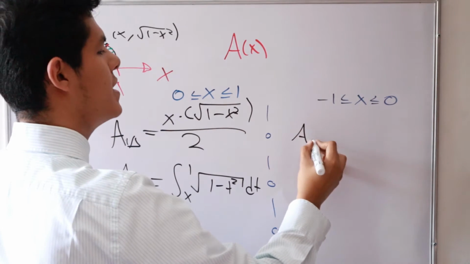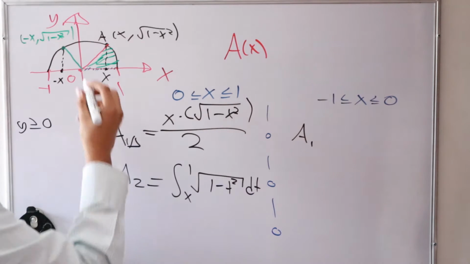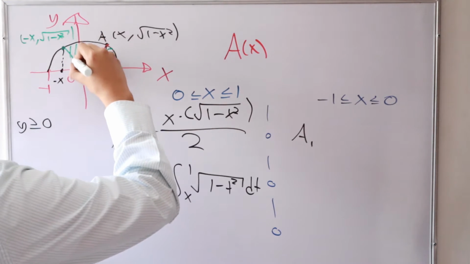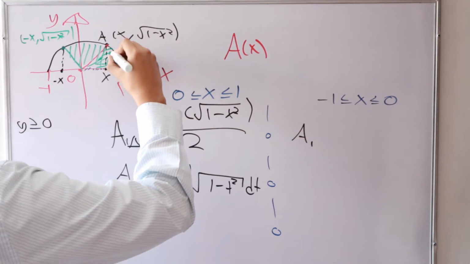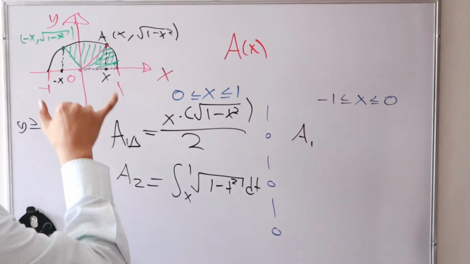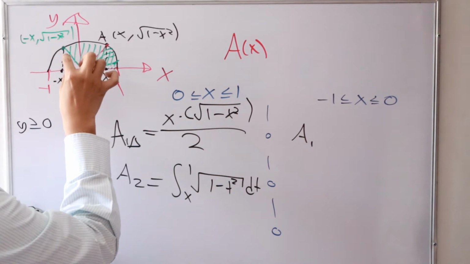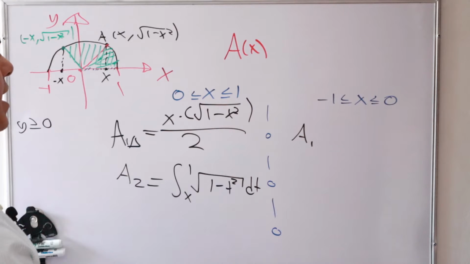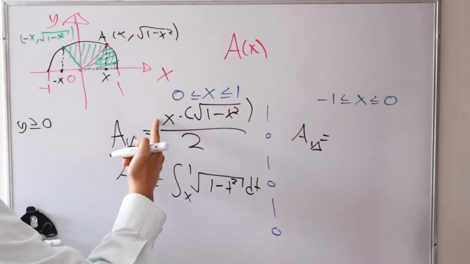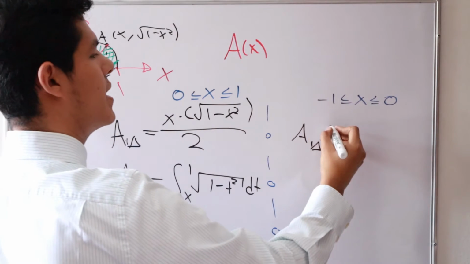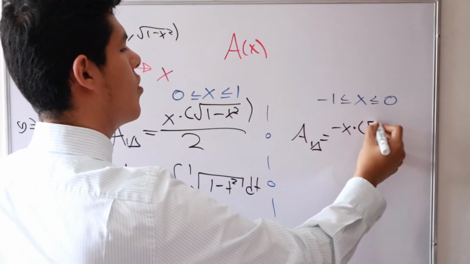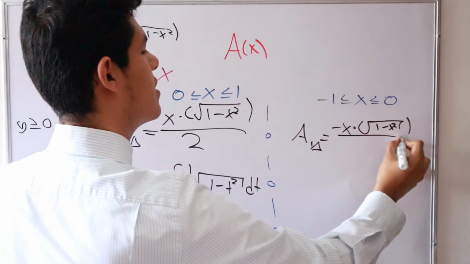The area that I want to find is this area, so we need to find this area and subtract this. The area of this triangle would be negative because x is now negative, so it is minus x times the square root of 1 minus x squared divided by 2.